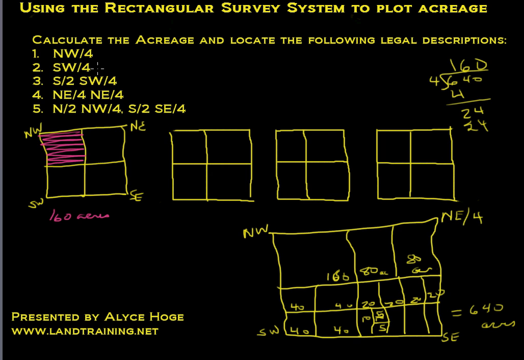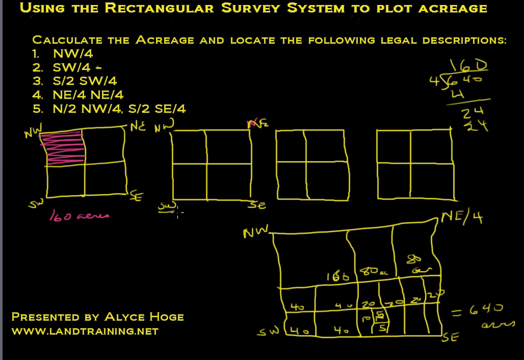Now let's look at the second one. This is the southwest quarter. So again, I'm going to put my designations in the corner: northeast, southeast, northwest, and southwest. And this is going to be the southwest quarter. So all we're going to do is the 640 is divided into 4.